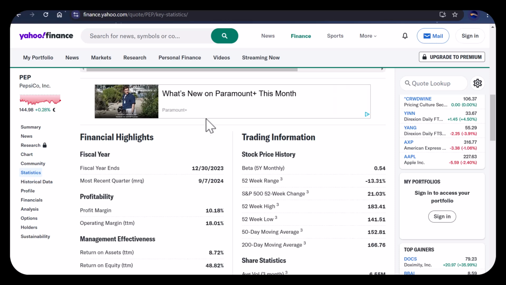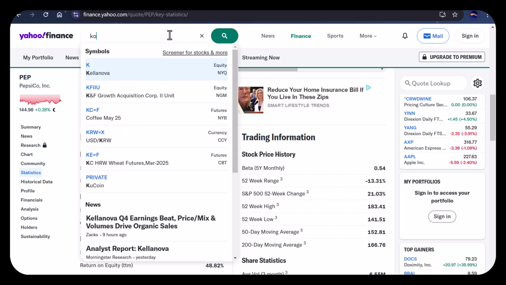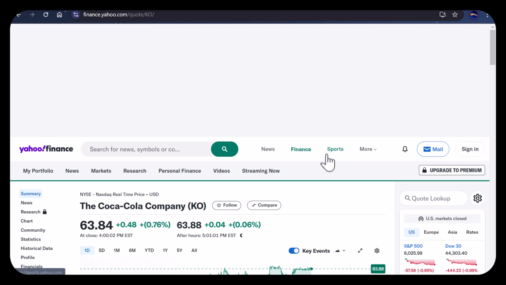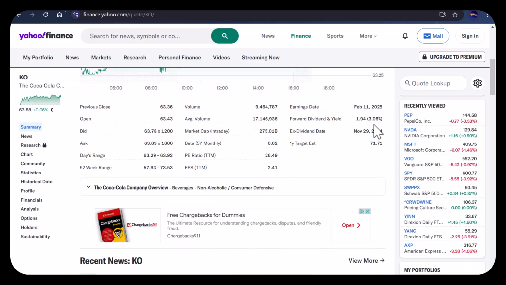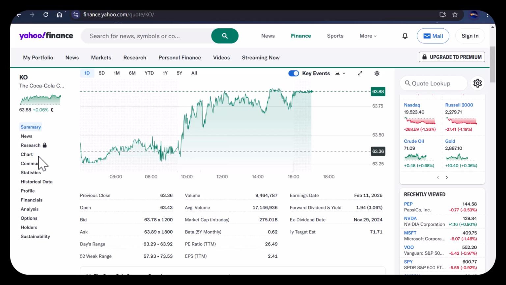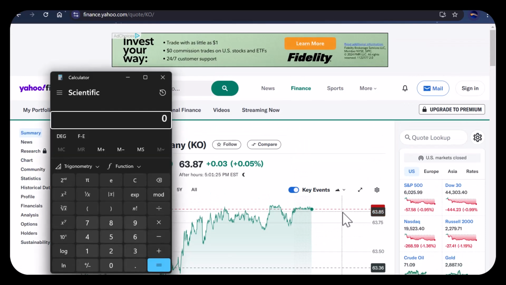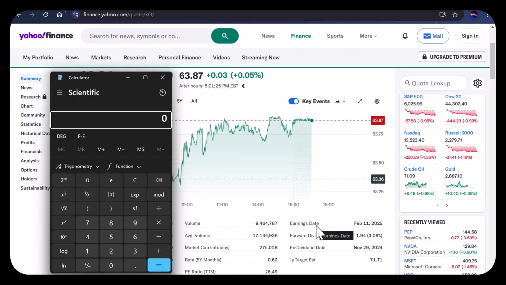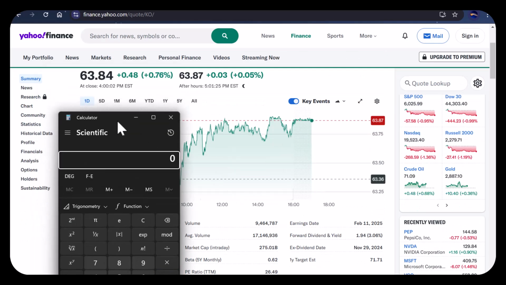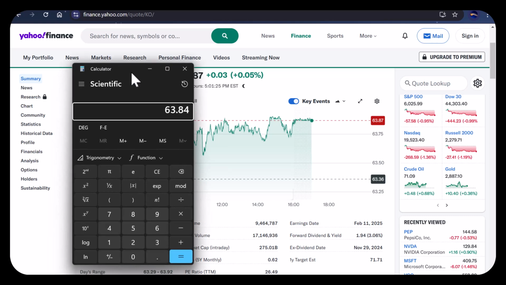Let's look at the same numbers for Coke, because Coke is going to have a similar beta, so I'm not going to worry about it too much. And let's find out the current dividend for Coke: 63.84 times 0.00306.